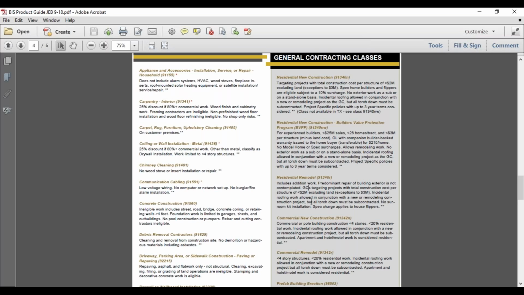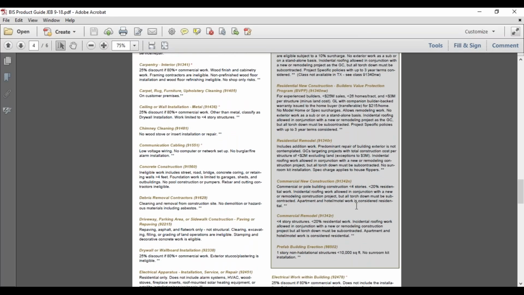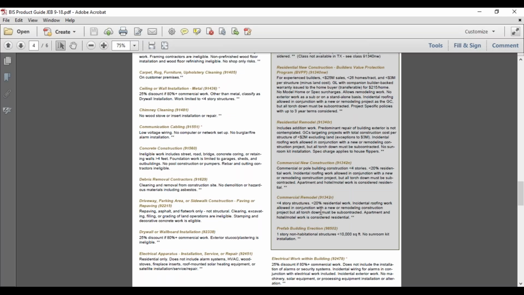residential side. We do have commercial new construction, and for the commercial new construction, this is mainly your TIB type home, offices, or they're building a strip mall or something like that. That's the type of work that's usually contemplated in that. We do allow commercial remodelers, so if they're doing not TIB.